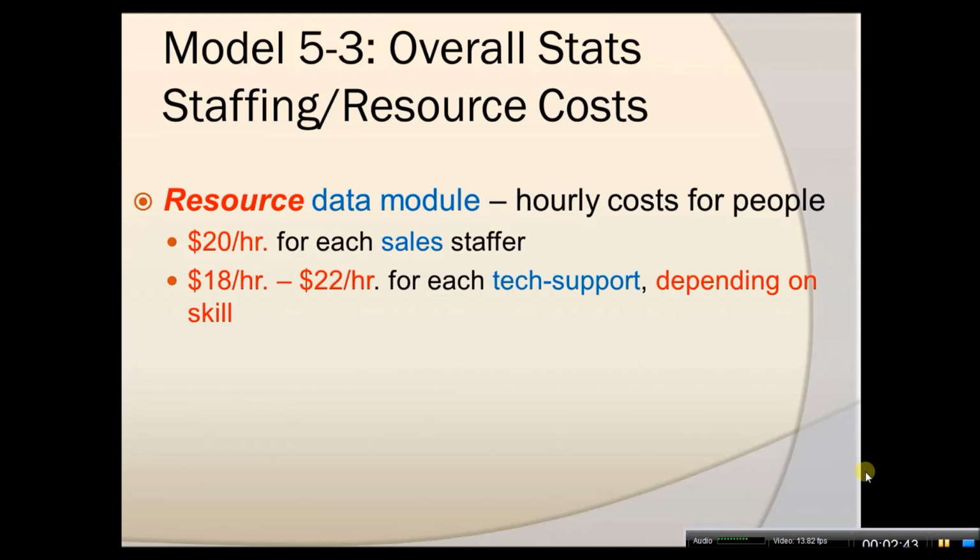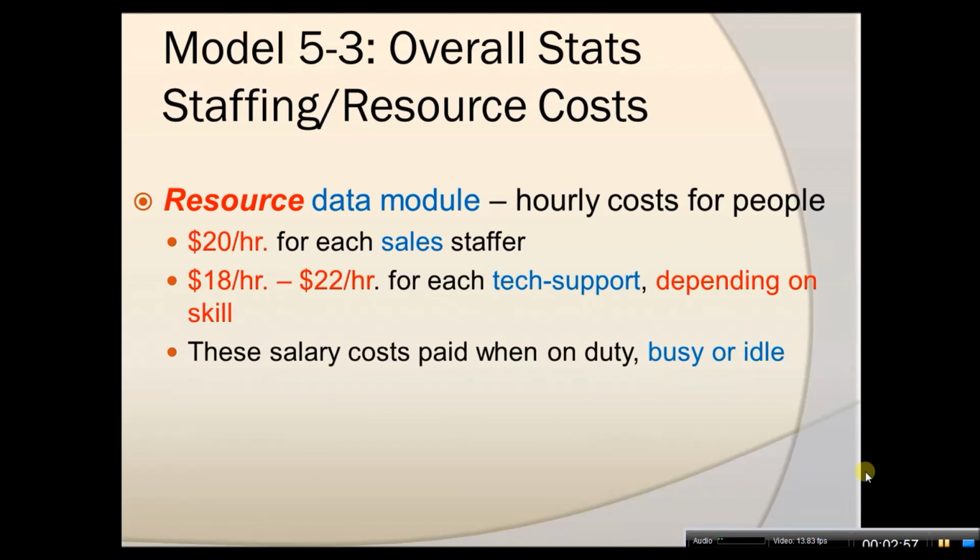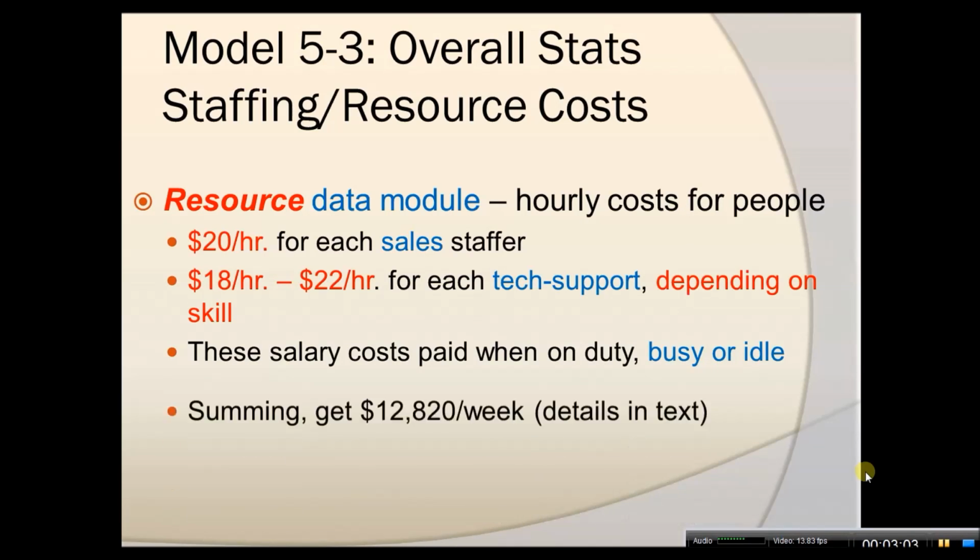And as you remember, we already introduced this cost that varies from $18 per hour, or $20 or $22 per hour for each tech support person, depending on their skill. These salary costs are paid when on duty, whether busy or idle, it doesn't matter.